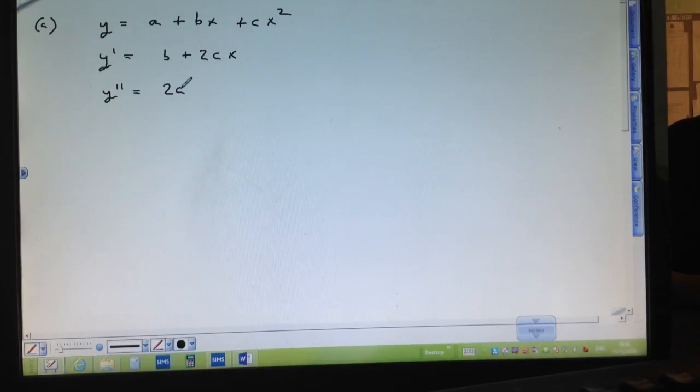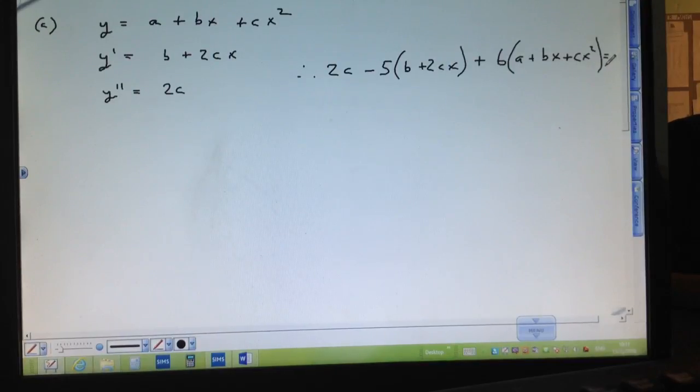Okay, and the equation was d2y by dx squared, so it's just one of this, so therefore it becomes 2c minus 5 lots of y dash, which is b plus 2cx, plus, and it was 6y, so plus 6 lots of your a plus bx plus your cx squared, and that must equal 3x squared.